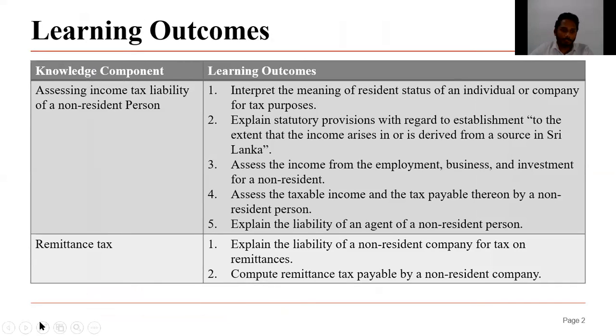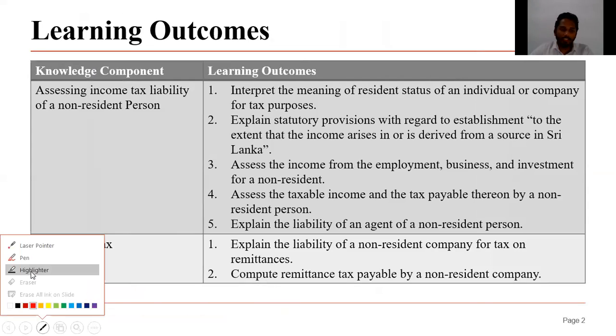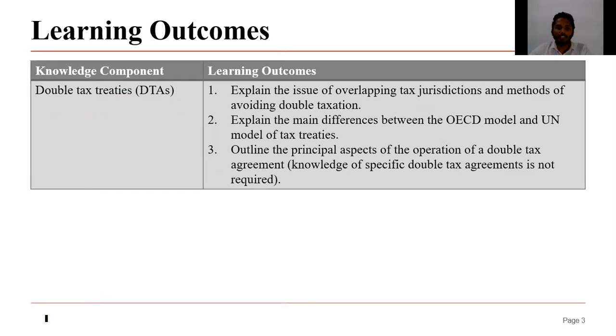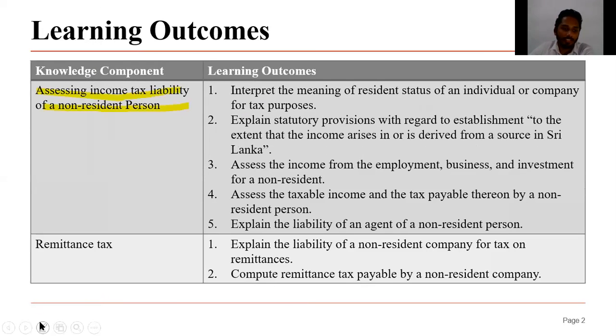Here I would like to highlight the areas you mainly need to focus on under the learning outcomes. Assessing the income tax liability of a non-resident person is one key area, and the other one is remittance tax.